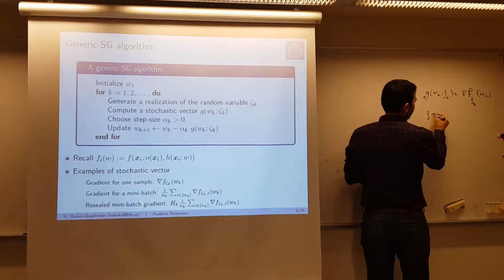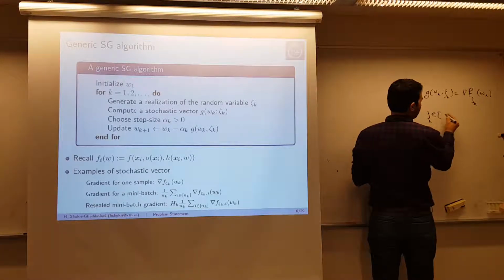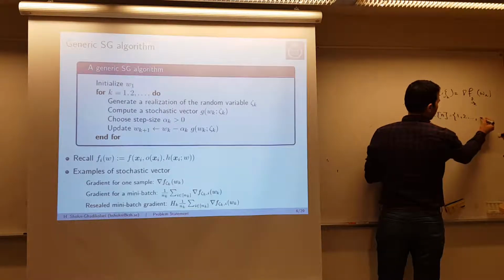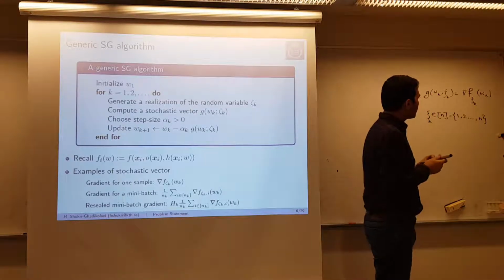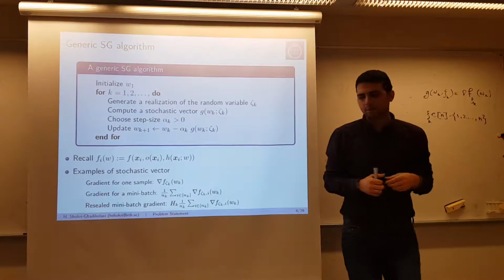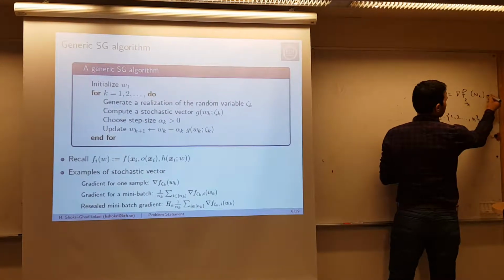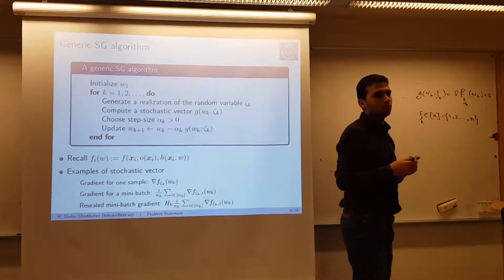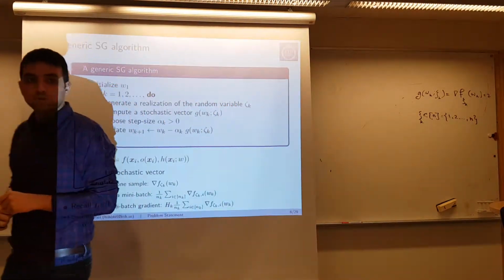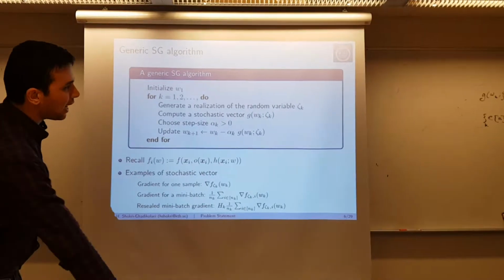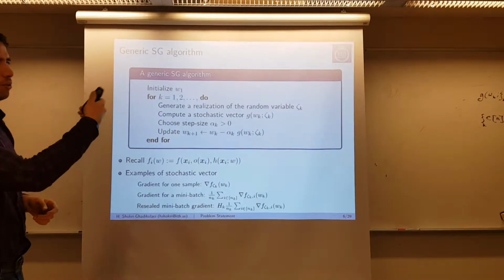So zeta k belongs to this set of n, meaning 1 to n. So it's just one index, and then you will take that sample. And if you assume that this is a noisy version of that, then you can add some noise z, or whatever. It doesn't have to be a noisy version. The thing is that you have just one sample and you want to iterate only based on one sample.